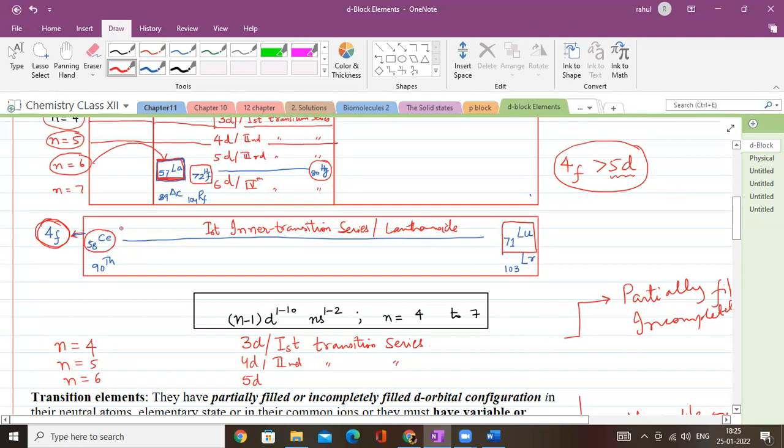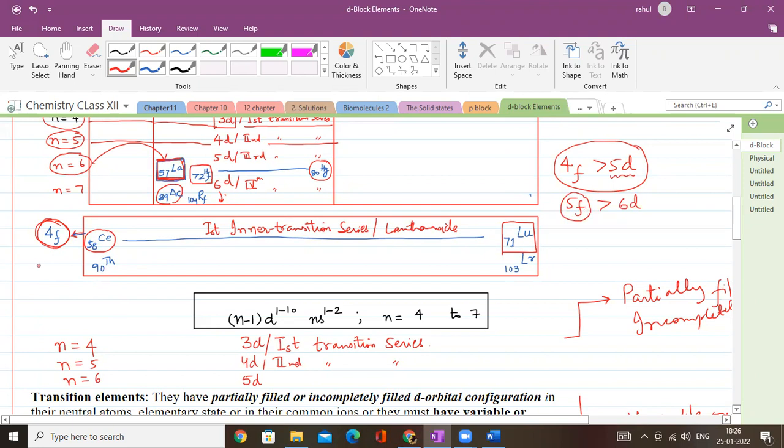When n is 7, of course we are going to fill the 6d orbital here. If the 6d orbital is being filled, the first element is actinide. But again, 5f should be given priority before 6d.